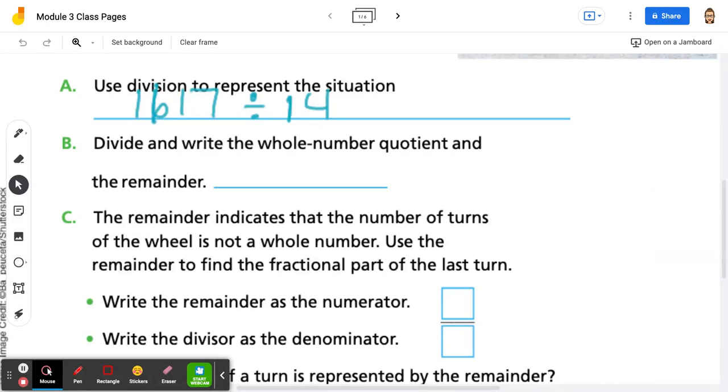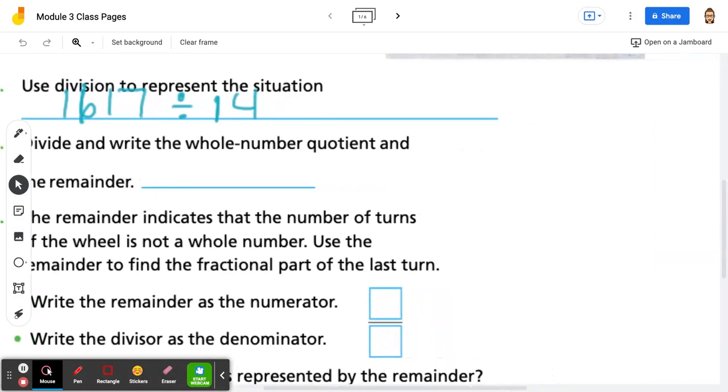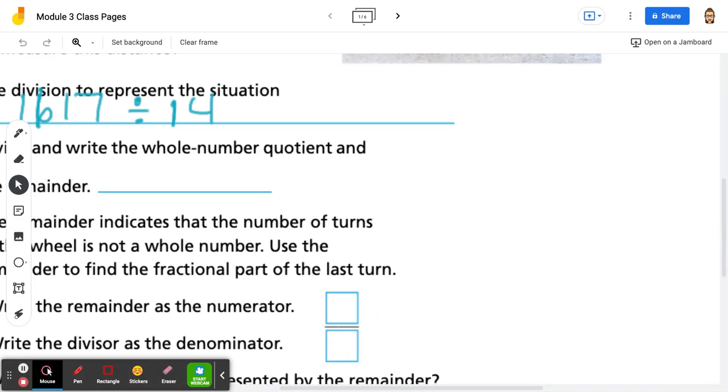Then it says to divide and write the whole number quotient and the remainder. So I'm going to come over to the side and set up my division problem, 1,617 divided by 14. I ask myself, does 14 go into 1? No, 1 is smaller than 14.